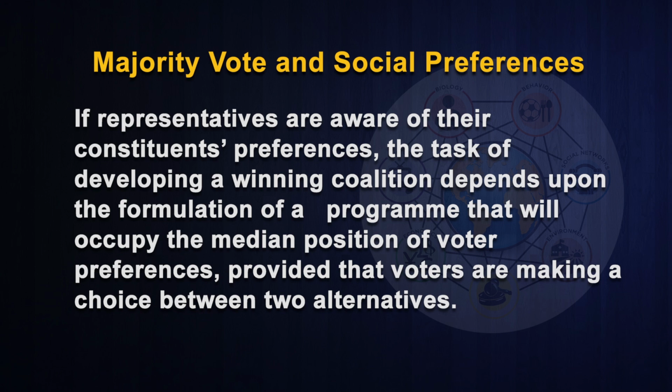If representatives are aware of their constituents' preferences, the task of developing a winning coalition depends upon the formulation of a program that will occupy the median position of voter preferences, provided the voters are making a choice between two alternatives.